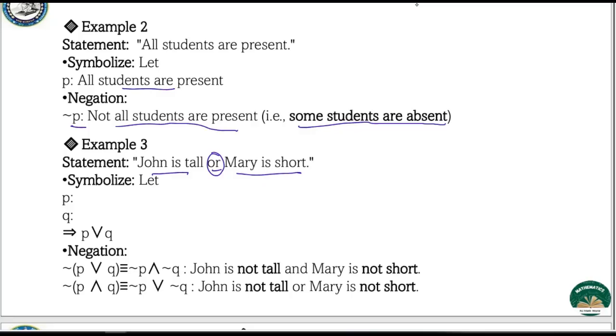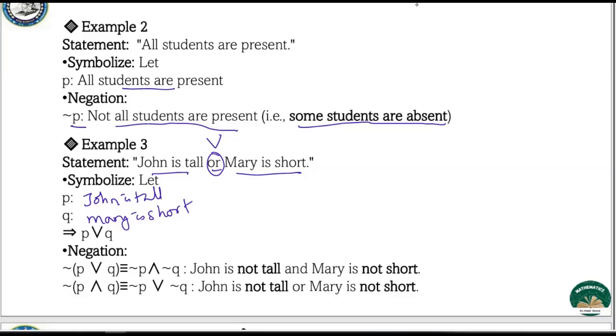Or is represented by the V symbol, that is disjunction. So here P will be John is tall and Q is Mary is short. So it is P or Q. What is the negation of P or Q?